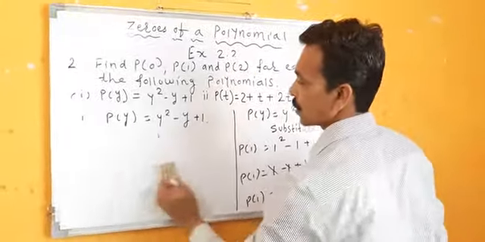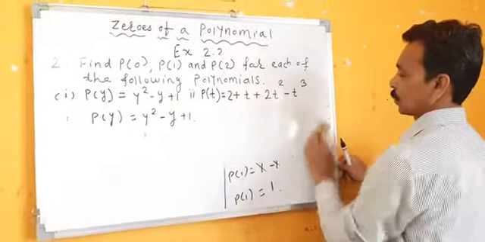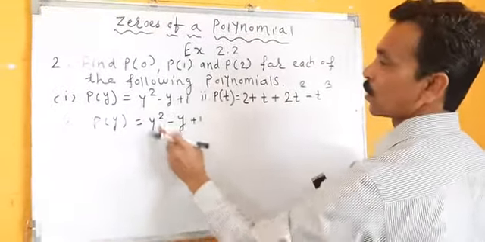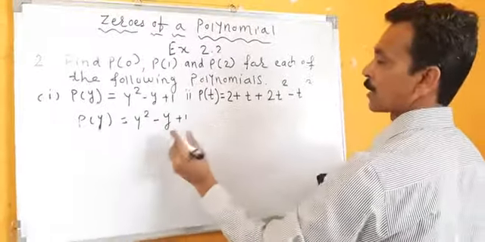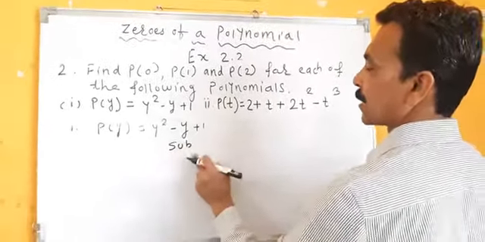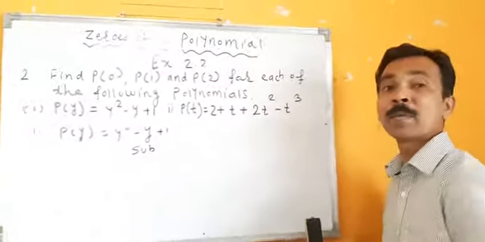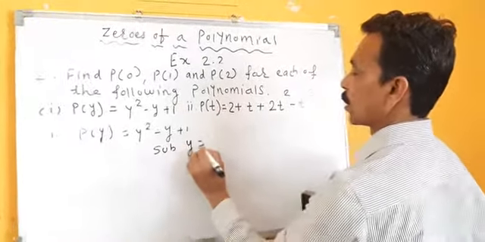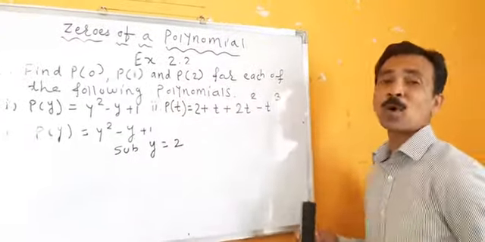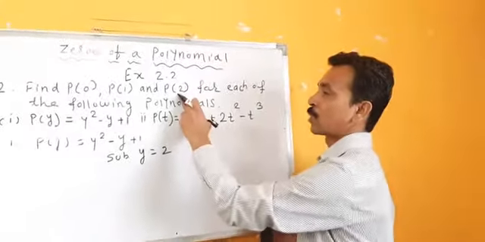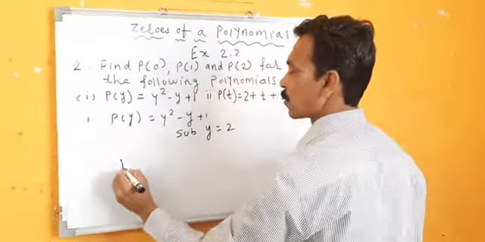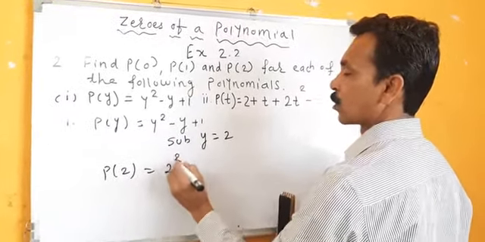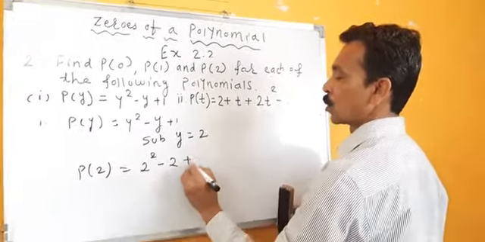Now one more value is left, that is P of 2. So I will solve it here. P of y is equal to y square minus y plus 1. Substitute, SUB, I am writing the short form; SUB means substitute. What is the value of y here? y is equal to 2. P of y means polynomial of 2. So it becomes P of 2 is equal to y square, meaning 2 square, minus 2 plus 1.